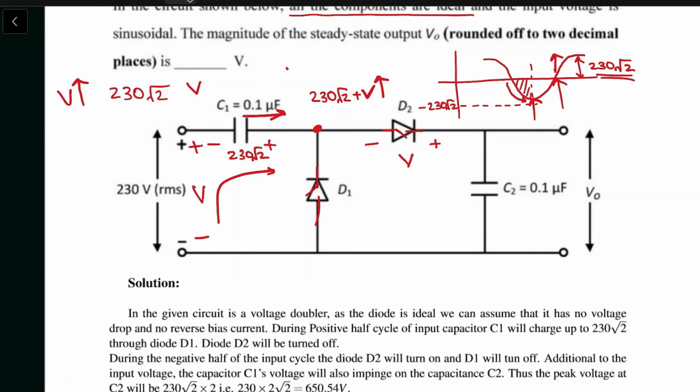So since that is 230 root 2 and it's coming on the diode P terminal, this diode will allow it to conduct, and it will appear across the capacitor. Since the diode in conduction is in forward bias, it can be replaced by a short circuit. So essentially 230 root 2 plus V will appear across here, and that will last as long as the input voltage is rising.